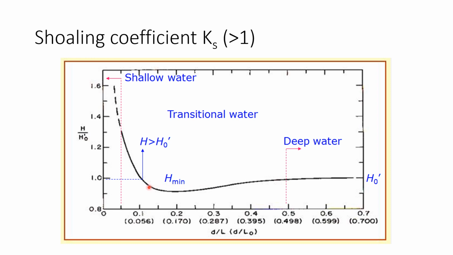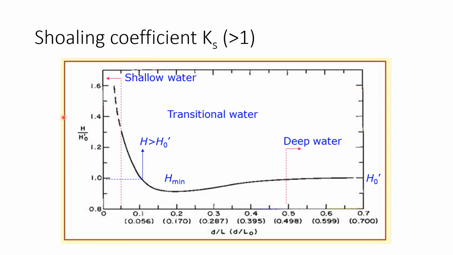At some point, it will drop to a minimum, meaning that the wave height in this part is less than the deep water wave height. However, as it moves closer to the shoreline, when d over L decreases further, it starts to rise. It means that H over H naught prime now becomes more than 1 over here.